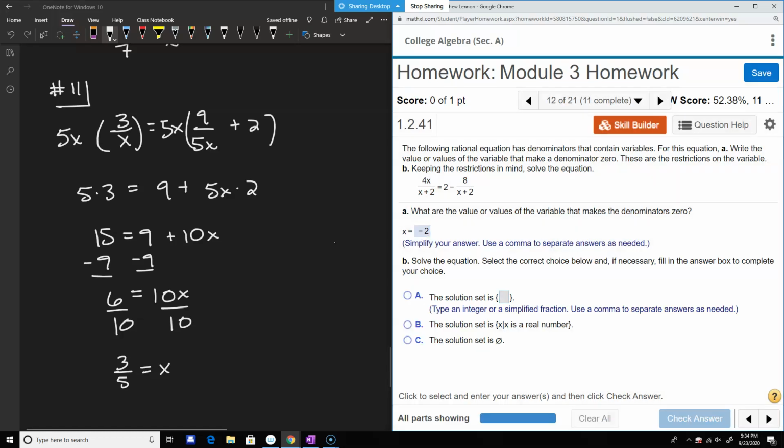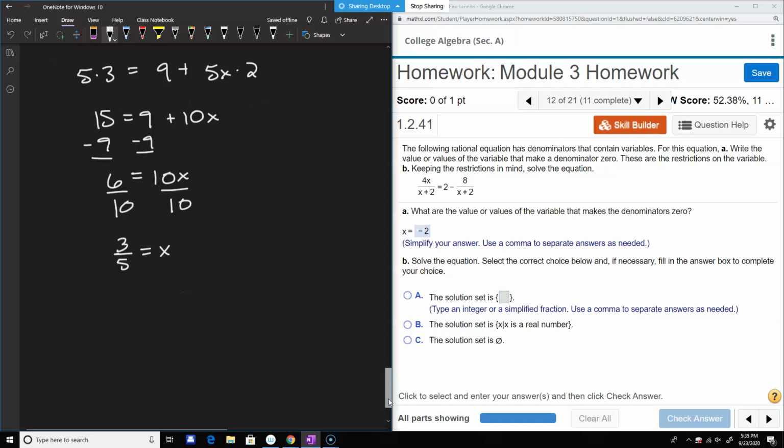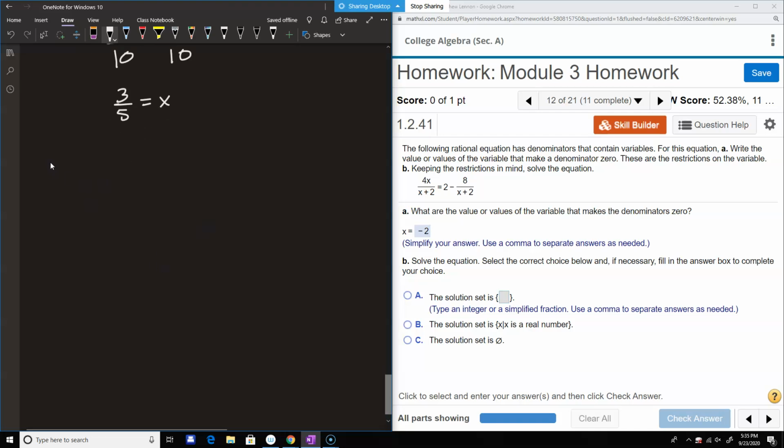And then when we're multiplying to solve this one, we're going to multiply both sides by x plus 2. That's the only denominator available. So we have 4x over x plus 2 equals 2 minus 8 over x plus 2.